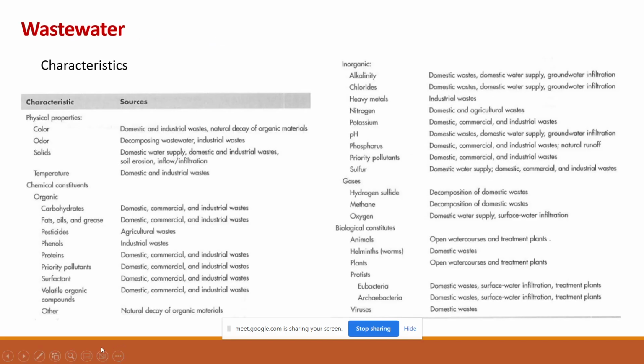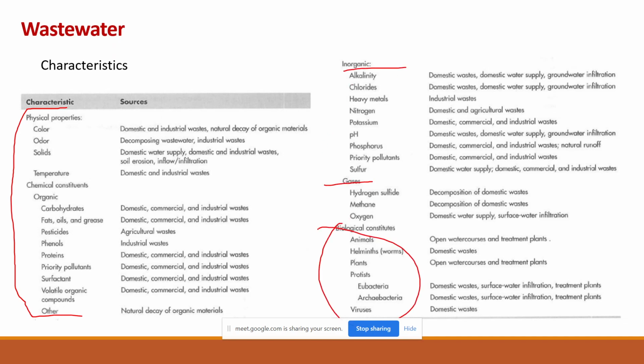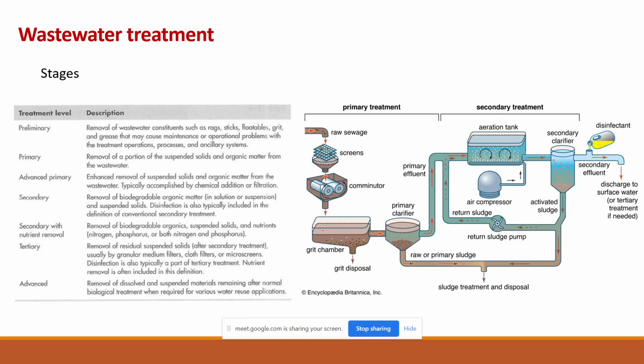Then we studied the different characteristics of wastewater, the physical and chemical constituents, inorganic and organic chemicals, gases, and the biological constituents also. Now moving towards the wastewater treatment stages, there are three main stages: primary, secondary, and tertiary.